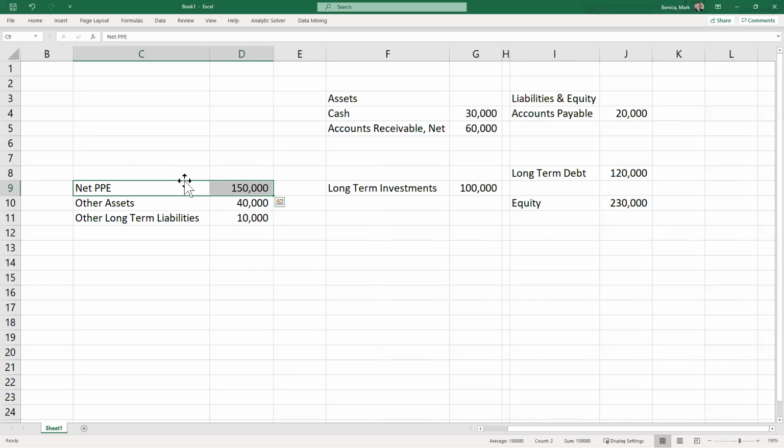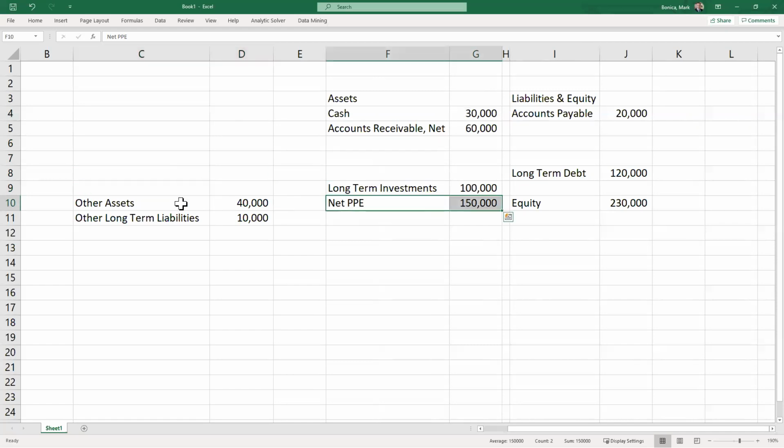Because if it's not going to last more than a year, then it's probably inventory and you would just expense it. But net property, plant, and equipment is stuff that has some sort of long life that we're going to depreciate. So I'm going to put that over here with the long-term investments.